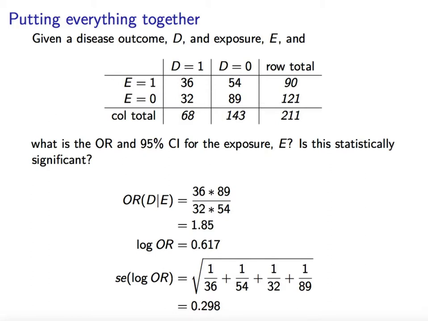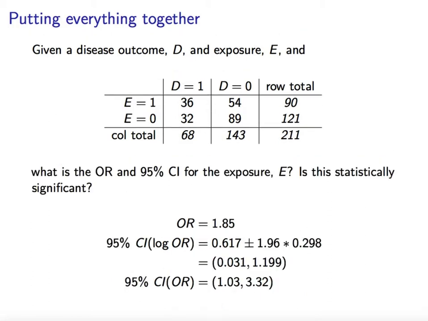To calculate the confidence interval, we're calculating a 95% confidence interval, which is what people will assume you're doing unless you specify otherwise. We take our estimate and add and subtract 1.96 times the standard error. So here's our log odds ratio, plus or minus 1.96 times our standard error, which is 0.298, which gives us this on the log scale.